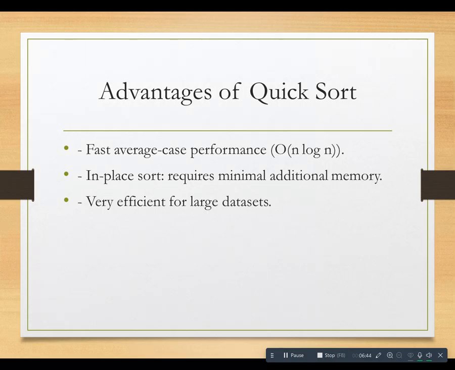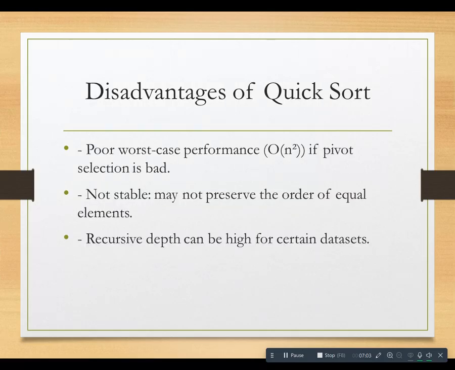So the advantages of quick sort: fast average case performance, O(n log n), and it is an in-place sort, that means it requires no additional space in the memory, and it is efficient for large data sets.